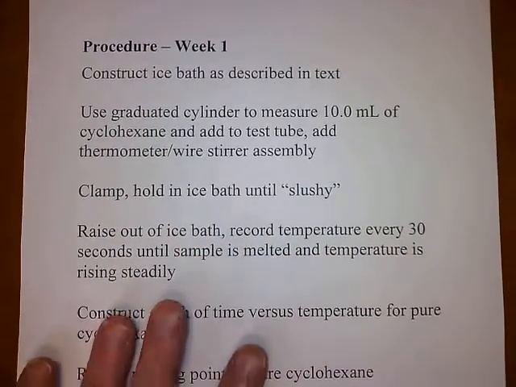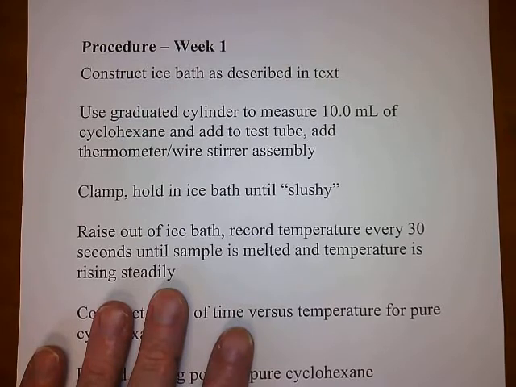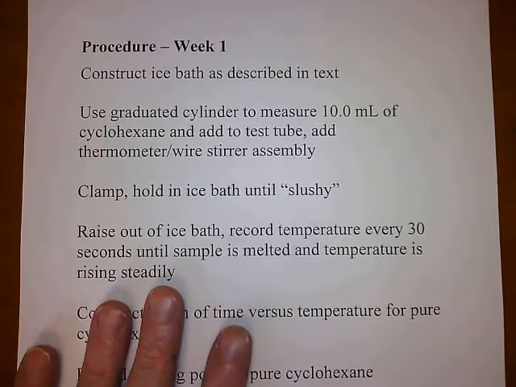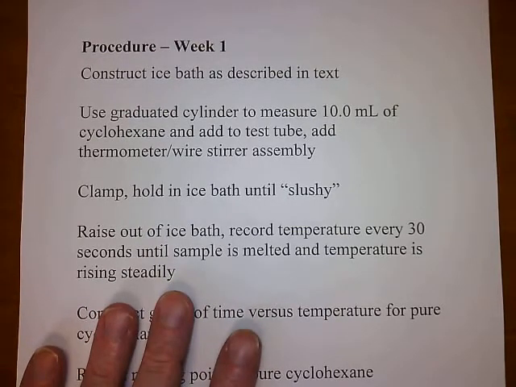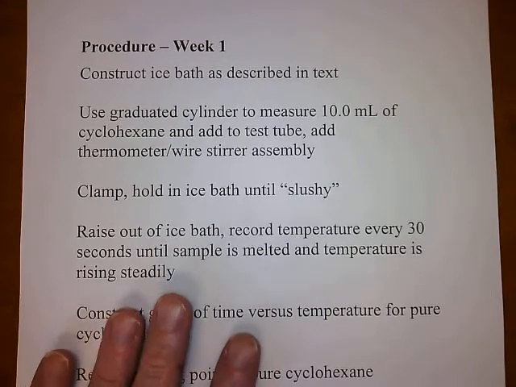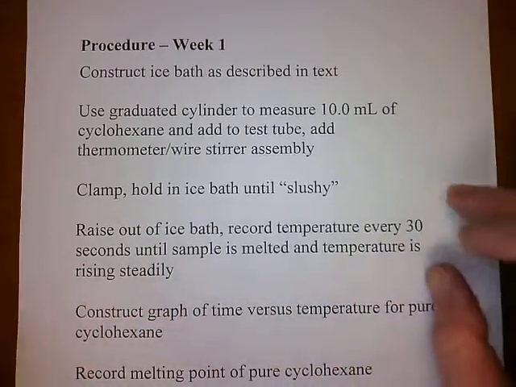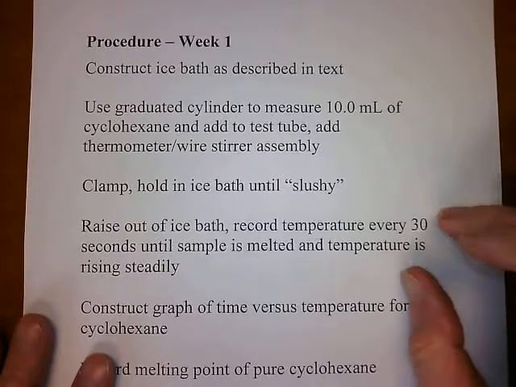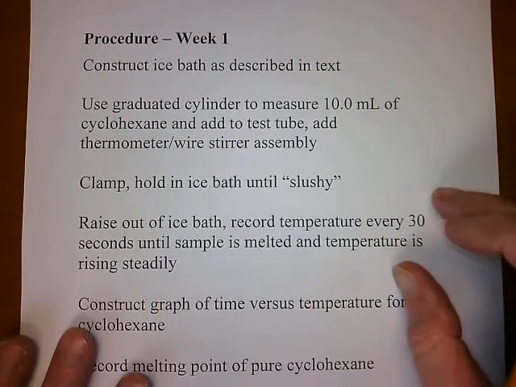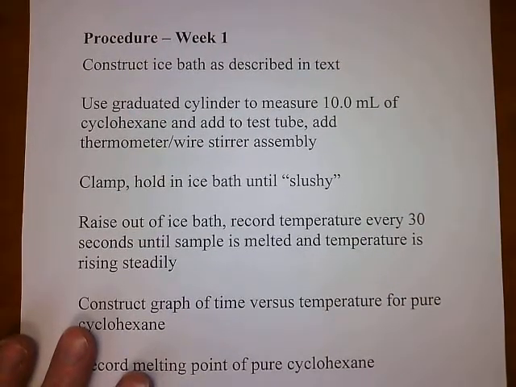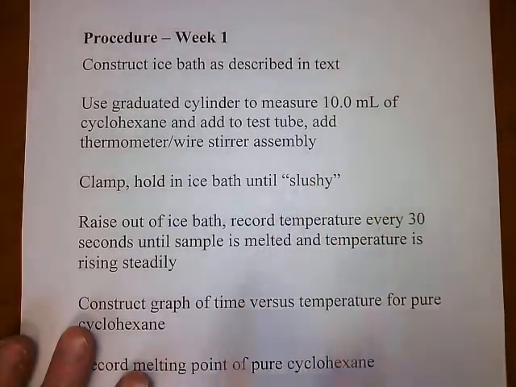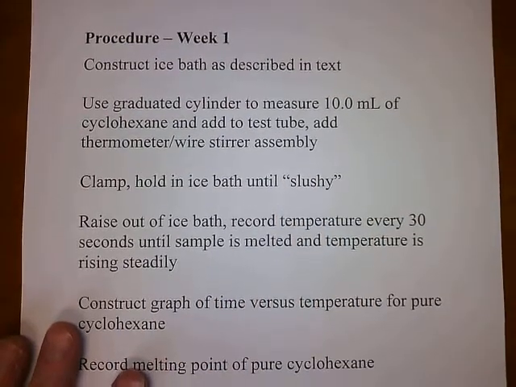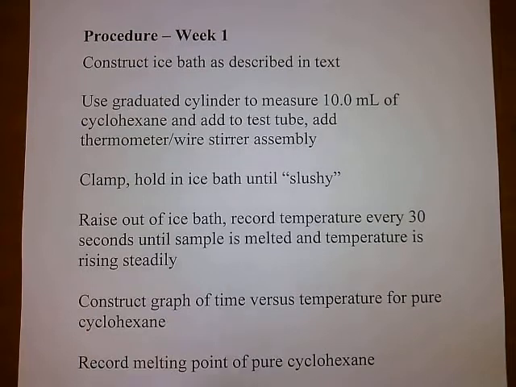So you're going to raise it out of the ice bath, and record the temperature every 30 seconds. You do not start recording data until you take it out of the ice bath. We're making a heating curve, not a cooling curve. All right, so you'll clamp it in the ice bath till it's frozen, pull it out, and then record the temperature every 30 seconds as it melts.